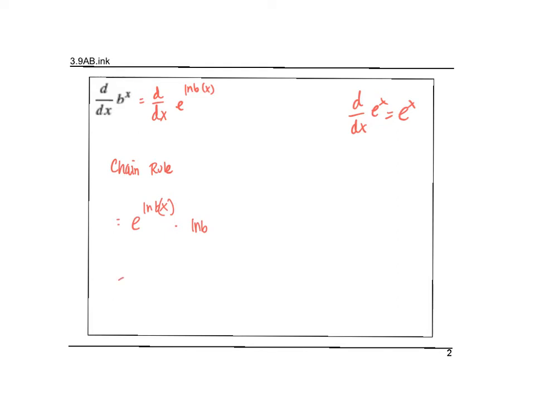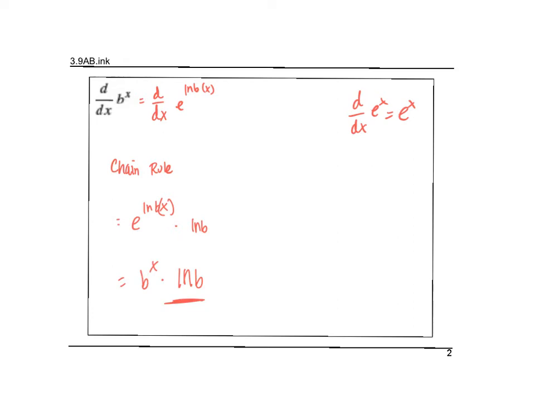And then I can simplify my final answer, remembering that e to the ln of b would cancel out inverse operations. So I am left with b to the x power times ln b. So the only thing that's different between deriving an e to the x and deriving a b to the x is we have this additional ln b.